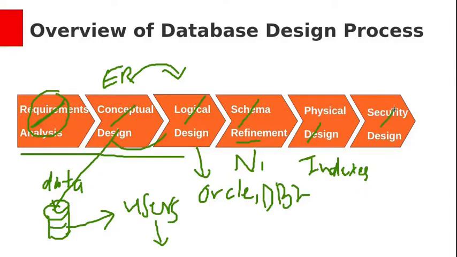The last one, security design. In this step, we identify different user groups and different roles played by users. We must identify the parts of the database that different users should access and take steps to ensure that they can access only the necessary parts. Suppose we take student and faculty: a student can view results and some other information related to them.